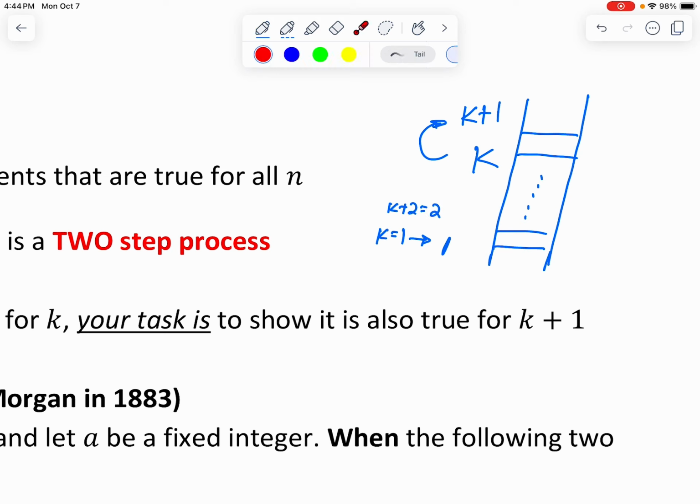Now, when you're on the second step, because you already proved that you can climb up to the next step, like the third step, and so on and so forth, you can climb up to any step that you want. So that statement will be true for all k.